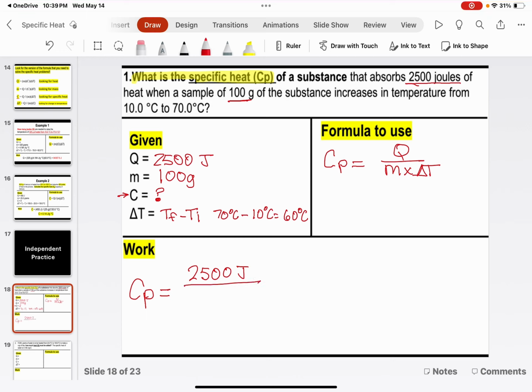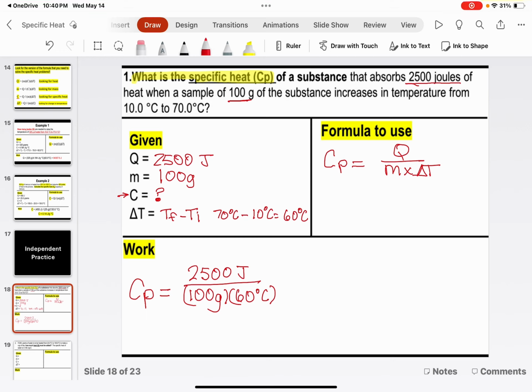So mass is 100 grams, and then change in temperature, which is 60 degrees Celsius. Okay, from this point on, I'm going to go ahead and calculate it here on the side. So I've got 2,500 divided by the product of 100 times 60, which is 6,000.